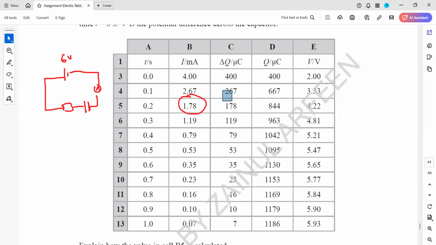At this moment, if 3.33 volts is the voltage across the capacitor, how much voltage will be across the fixed resistor? The total is 6, so the potential difference will be 6 minus 3.33.